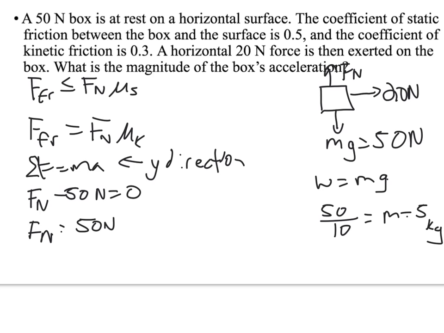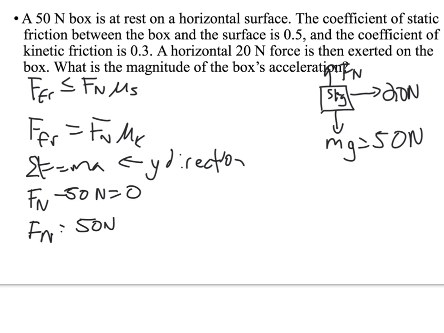From here, I can go ahead and determine a couple of things. The first thing I want to do is erase some of this writing, just so I've got some extra space. I'll erase down here, and I'll just write that I've got a 5 kilogram box. First thing I want to do is determine if I have static friction acting or kinetic friction acting.